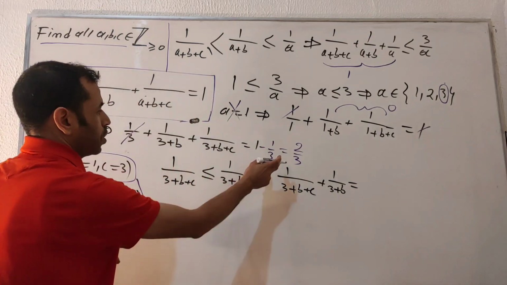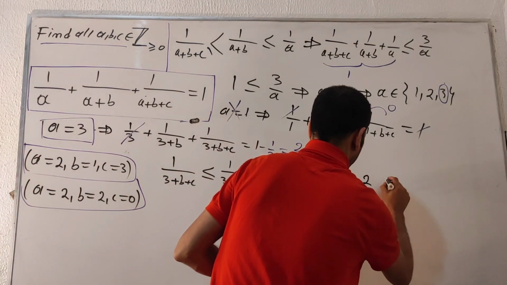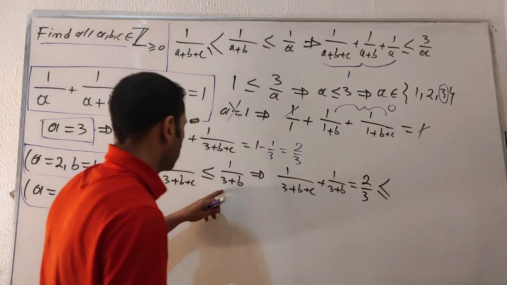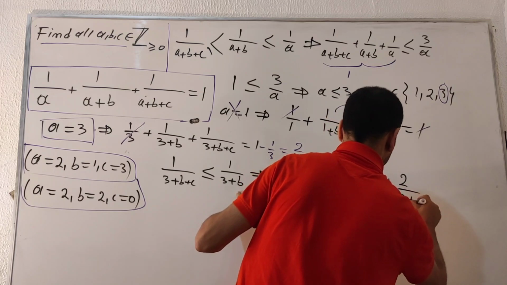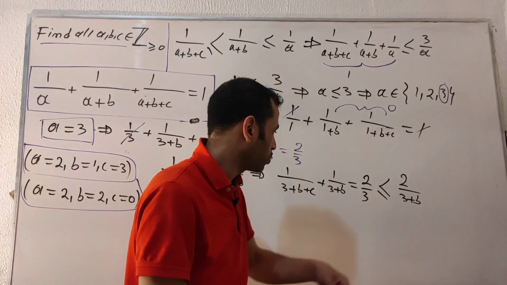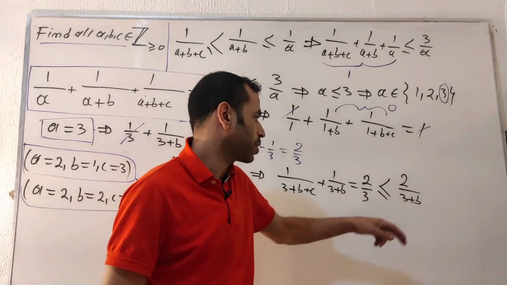This sum equals 2 over 3, which I have here, which is inferior or equal to 2 times 1 over 3 plus b. So which means I will have 2 over 3 is inferior or equal to 2 over 3 plus b.